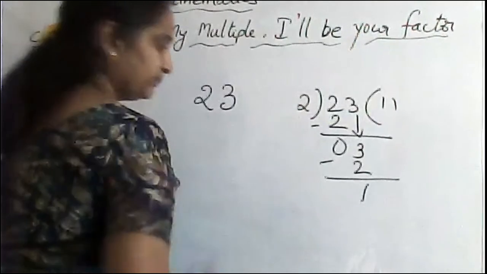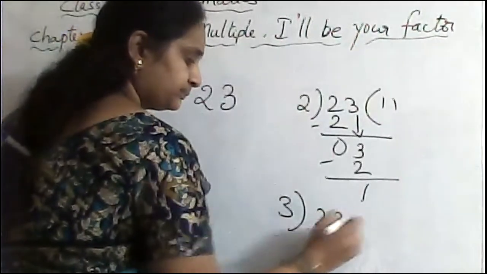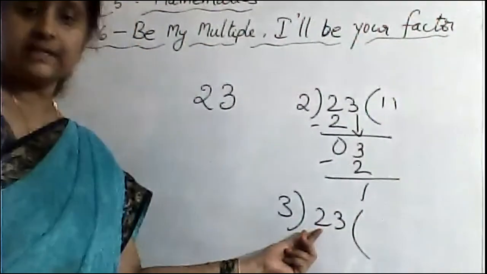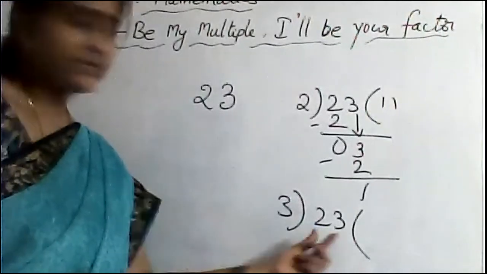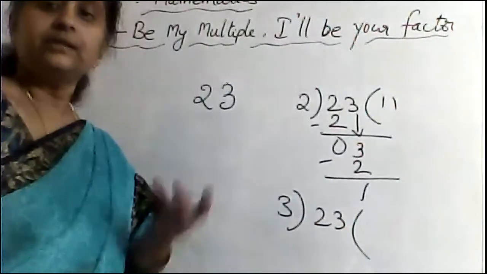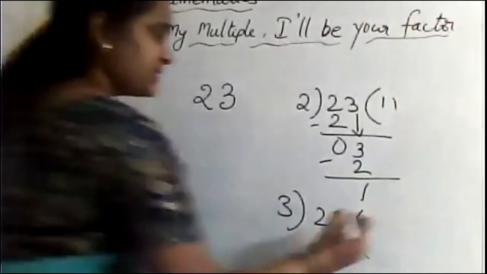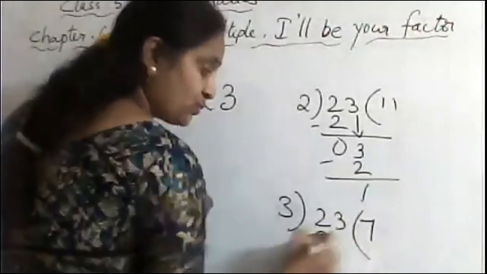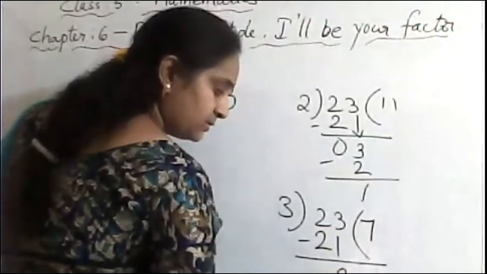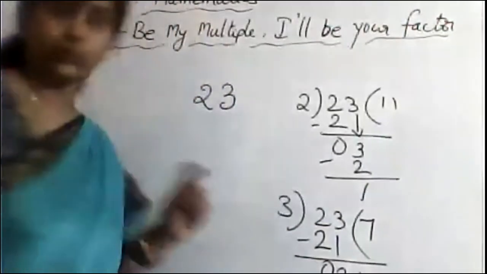Now divide it with 3. 2 is less than 3, so we cannot take the first digit. So take 2 digits. 3 table: 3 5s are 15, 3 6s are 18, 3 7s are 21, 3 8s are 24. That is more than 23, so here it is leaving remainder 2.